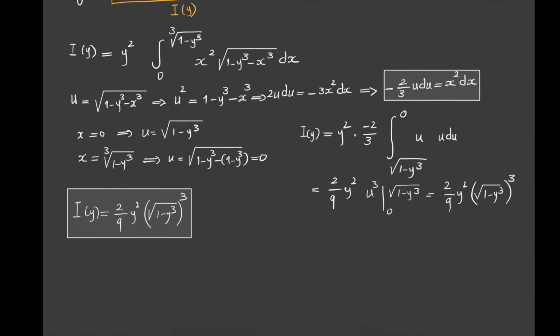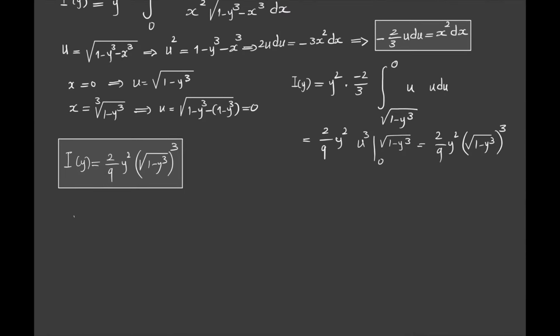So the question mark is equal to now, so 2 over 9 is a constant, and then I have the integral from 0 to 1 of y squared times the square root of 1 minus y cubed to the power of 3 dy.